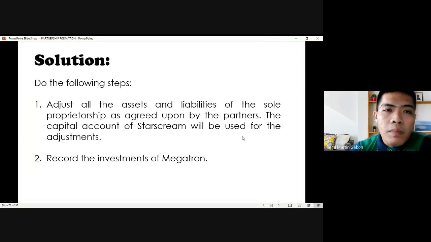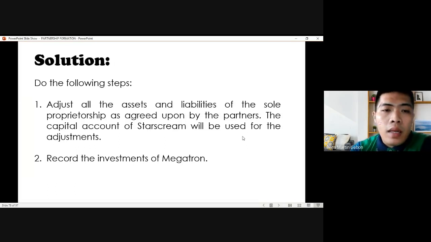So the following steps must be followed. Adjust first all the assets and liabilities of the sole proprietorship as agreed upon by the partners. The capital account of Starscream will be used for the adjustment. So in incorporating the adjustments to the assets and liabilities of Starscream, the capital account will absorb the adjustments.